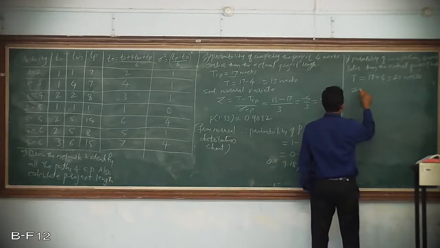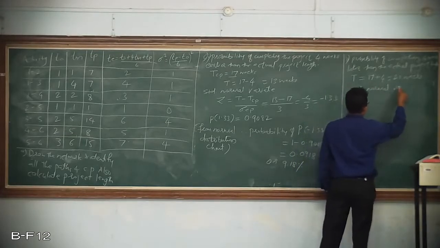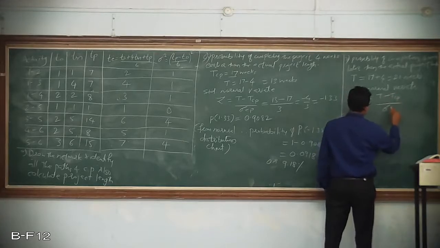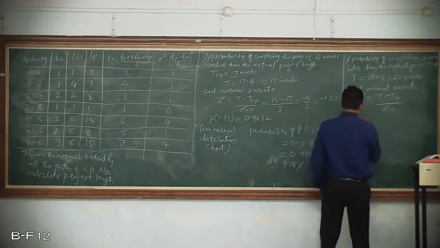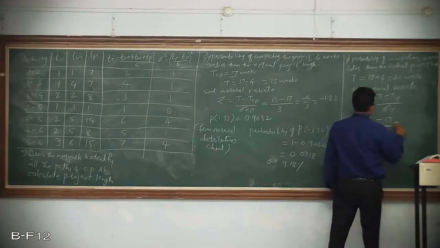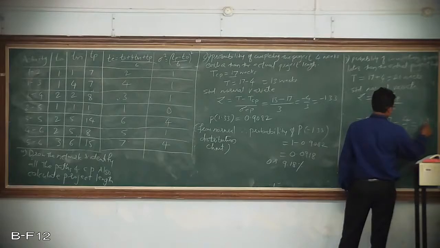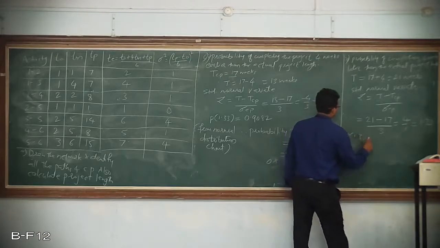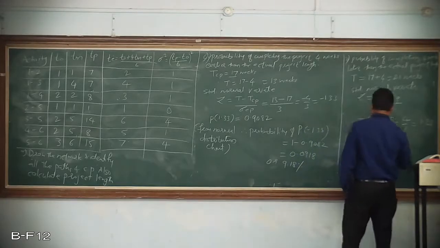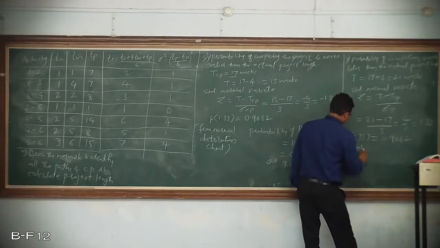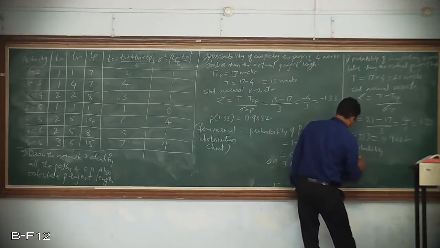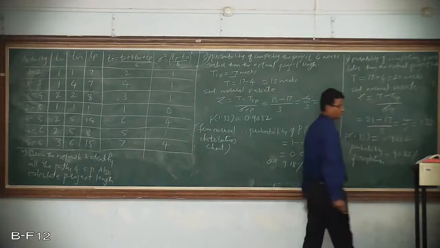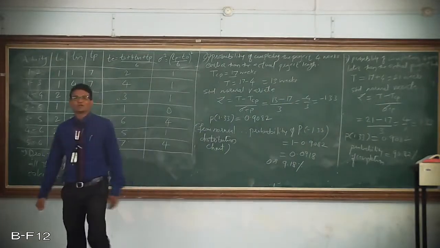So therefore, okay. A2. Correct? It is very simple because the schedule they have given is 4 weeks later than the actual project length.